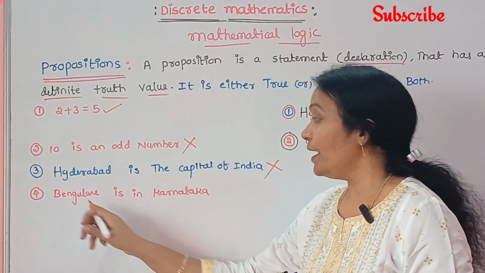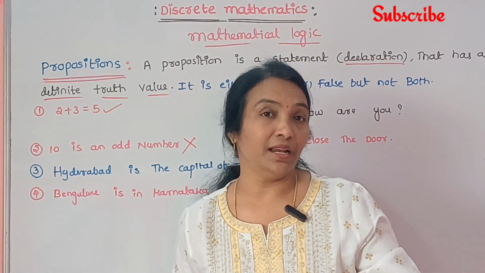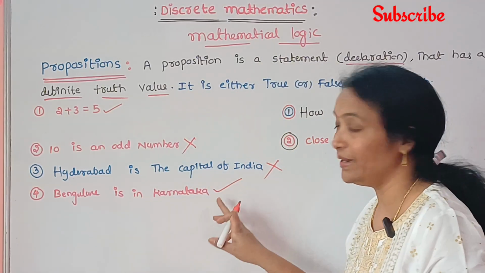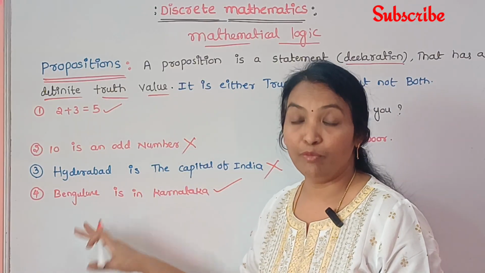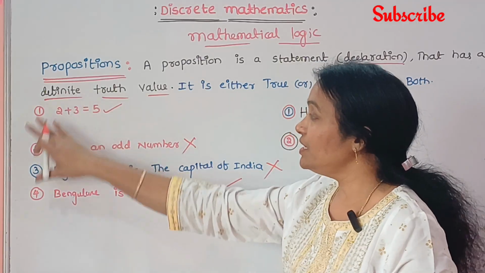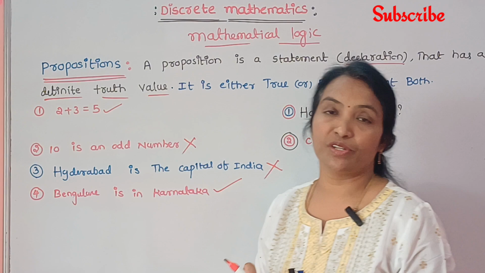Wrong statement. Bengaluru is in Karnataka. Yes, it is in Karnataka only, so this statement is true. These are all statements that may be true or may be false, and these types of statements are called propositions.